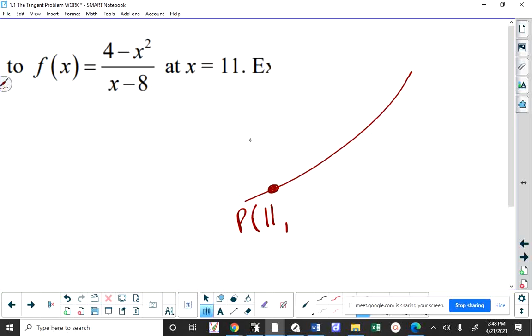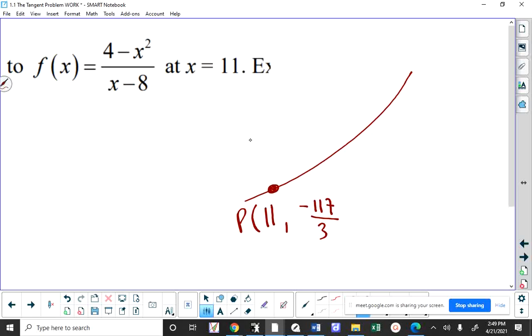Calculate the y coordinate on this function when x is 11. It's going to be a bizarre number. Well, not bizarre, but I want to say negative 117 thirds.